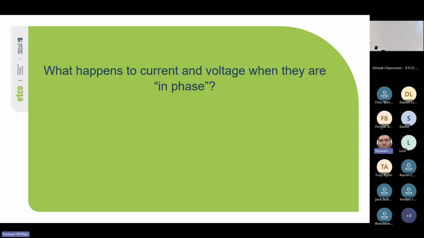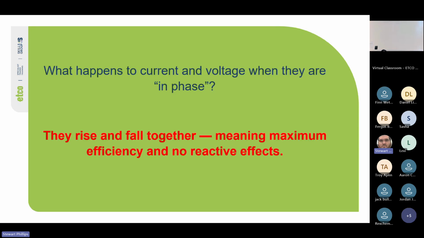So the main thing we know, as far as DC, they rise and fall together, meaning maximum efficiency and no reactive effects. But you guys have already mentioned it, in AC, if we have a power factor of 1, or voltage and current being in phase, there's also the chance of harmonics as well.